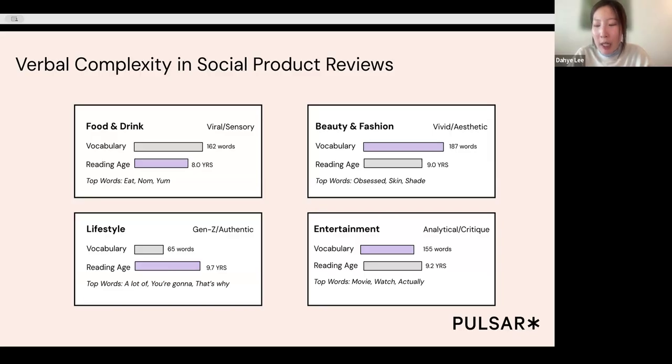But that doesn't mean they dumb it down. It means they are highly accessible. Creators rely on words like "nom" or "yum", sounds and descriptors that aren't meant to convey technical information, but to make a social connection and share enjoyment. Whereas beauty sits slightly higher, around a 9-year reading age.